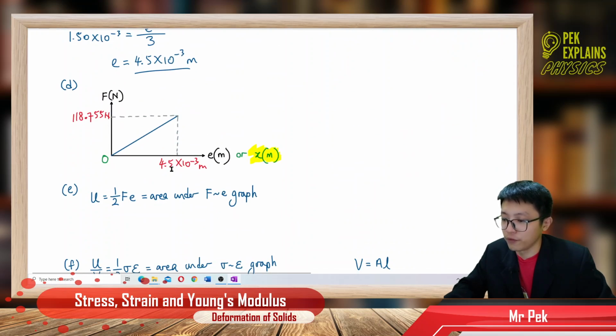Yes, they are proportional. If you want to make it simpler, you can write 4.5 and put millimeter for the exponent negative 3. This is the answer.